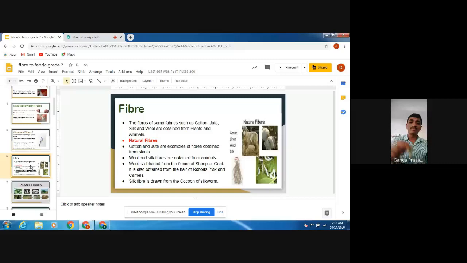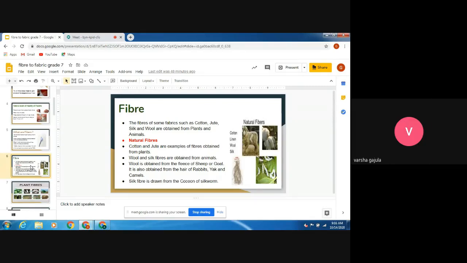Fibers are nothing but thin, long, narrow structures, and we get fibers from plants and animals. The fibers which are obtained from plants and animals are called natural fibers. So cotton, what is it?